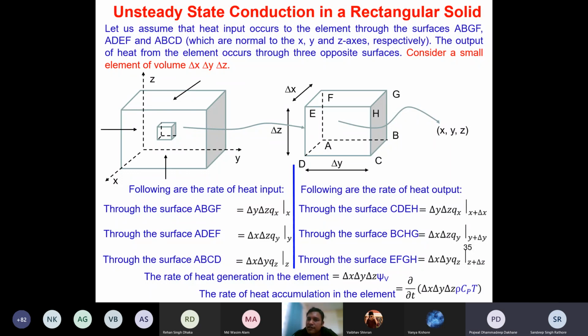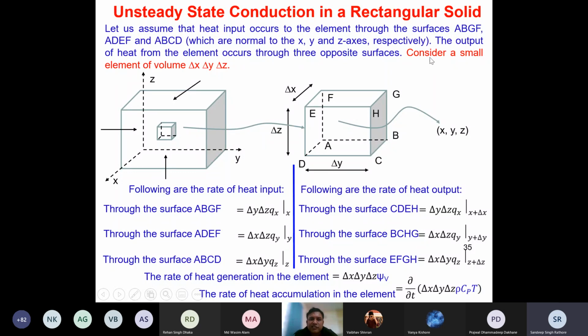So far, at least the system is clear. We are trying to look at the heat transfer through a rectangular solid. We are also considering the heat generation and accumulation term, and in order to account for these, we need to make a shell balance.